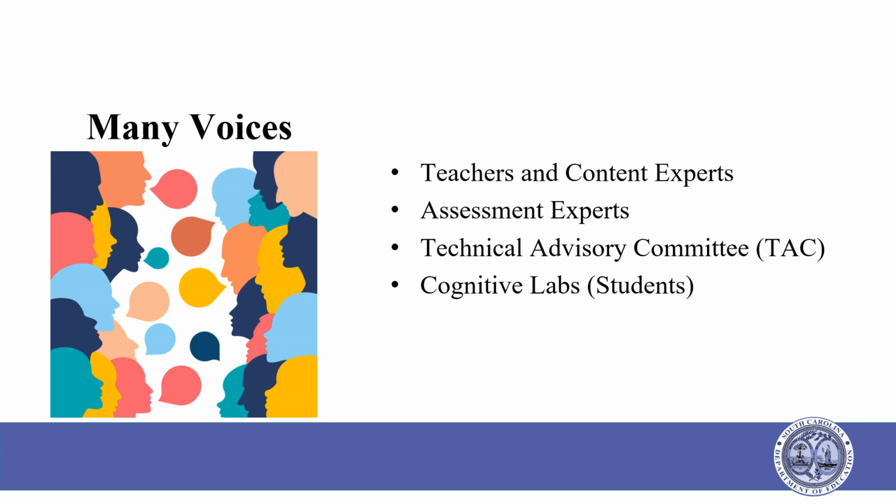Lastly, we conducted cognitive labs. The labs took place in 3 South Carolina school districts and 2 schools within each district. As part of the lab, students of different backgrounds and achievement levels in grades 3, 7, and English 2 were presented with a TDW text and item.